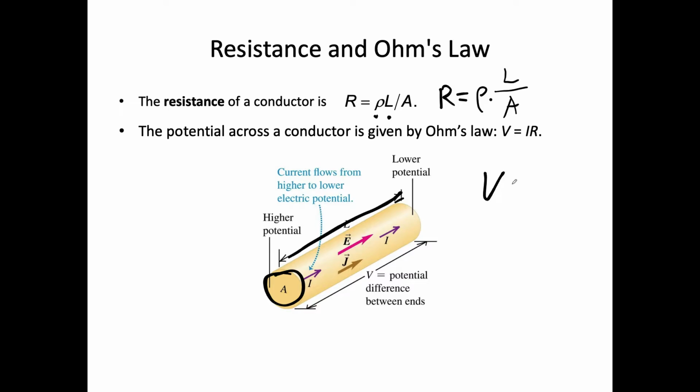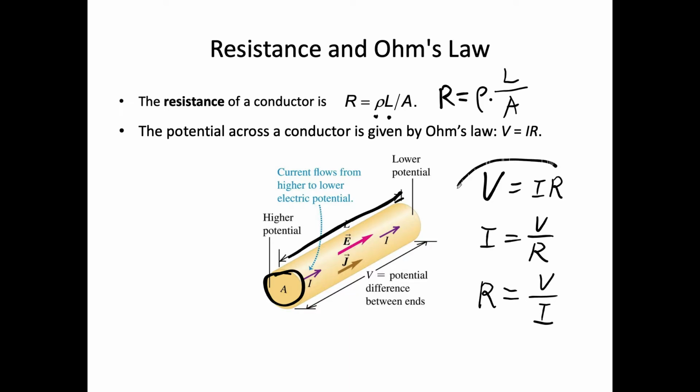You can write it as V equals IR, or I equals V over R, or R is V over I. Now the three equations are all equivalent. So if you want, you can just remember the first one, and then you can derive the second and the third one.